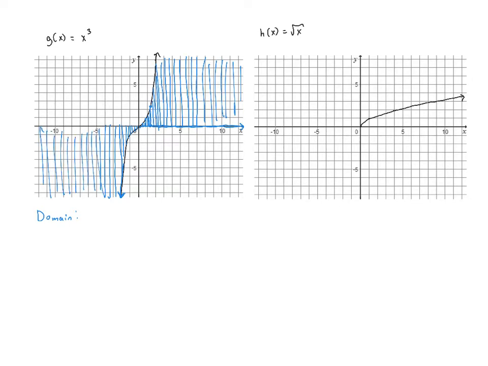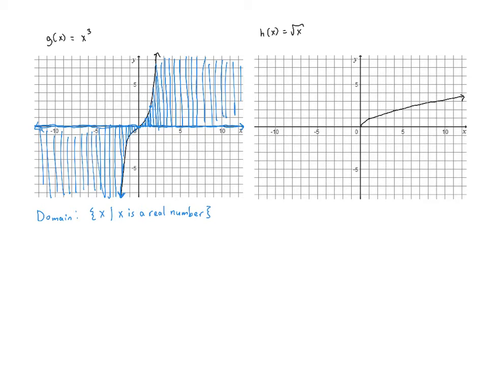So the domain includes all the positive values, all the negative values, and it does include 0 because the origin is part of the graph. So the domain includes all real numbers, and we can say the domain is the set of numbers x such that x is a real number. This is similar to the last example. The last example also had the domain being all real numbers.